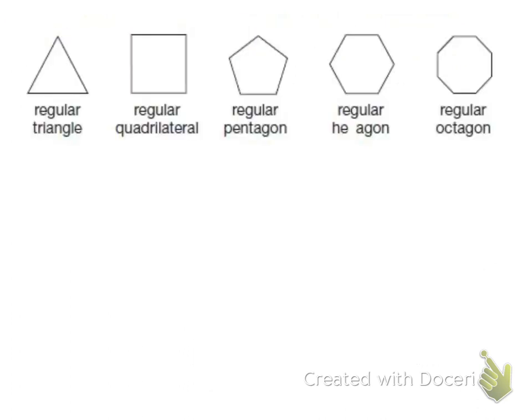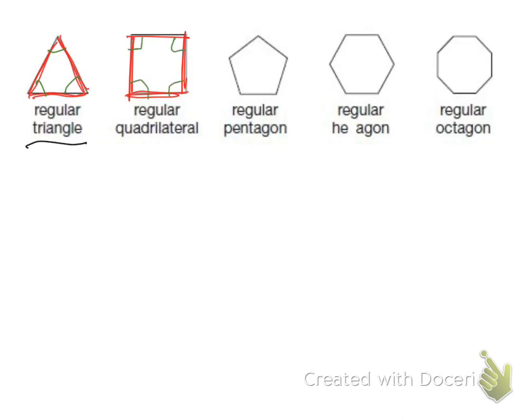Now, a regular polygon has lines that are equal in length and angles that are equal in measure. For example, this is a regular triangle. That means all of the lengths are the same and all of my angles are the same. A regular quadrilateral has 4 sides, all the lengths are the same and all my angles are the same.